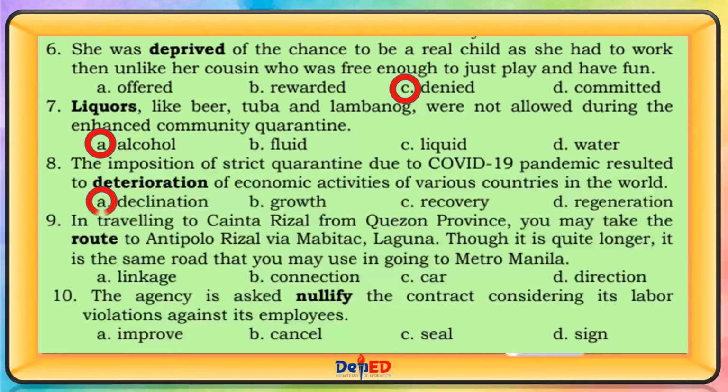The answer is A, declination. In traveling to Cainta Rizal from Quezon Province, you may take the road to Antipolo Rizal. The answer is D, direction. The agency is asked to nullify the contract considering its labor violations against its employees. The answer is B, cancel.